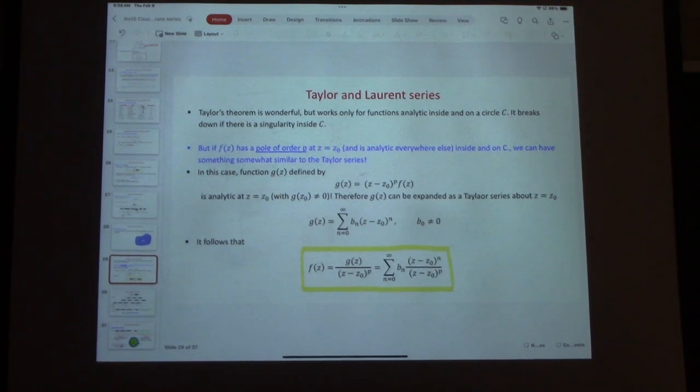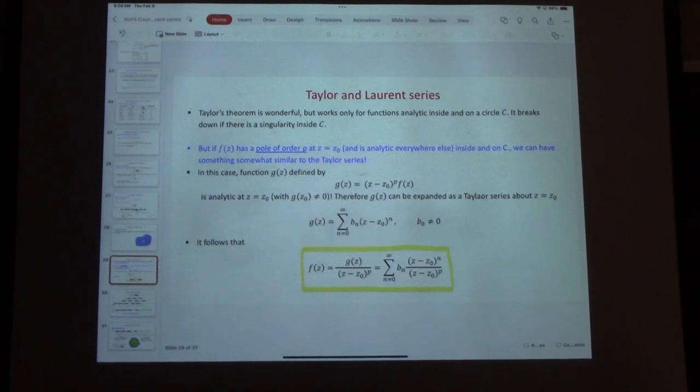Because the geometric series 1 over 1 minus x equals the sum of x^n from 0 to infinity, that will only hold when |x| is smaller than 1. That means the radius of convergence is less than 1. Okay, so you need to make sure |x| is less than 1.